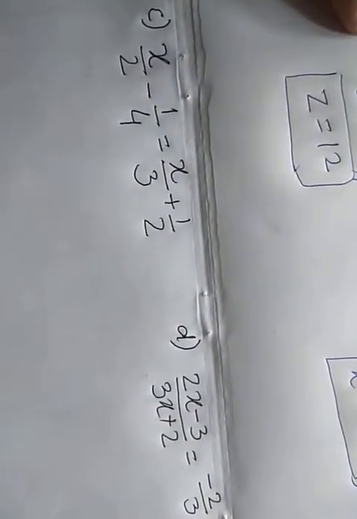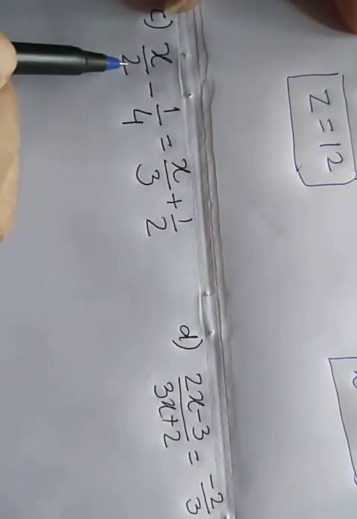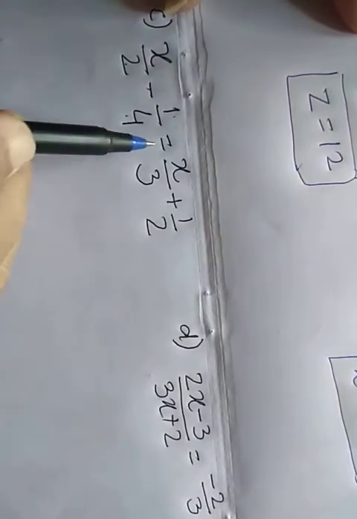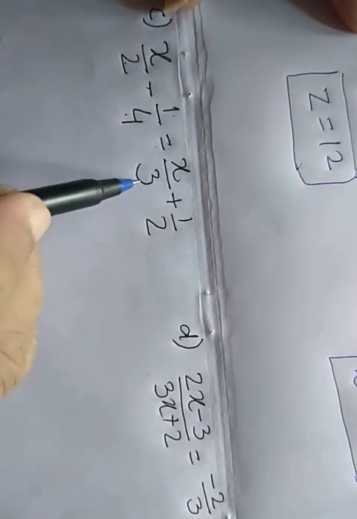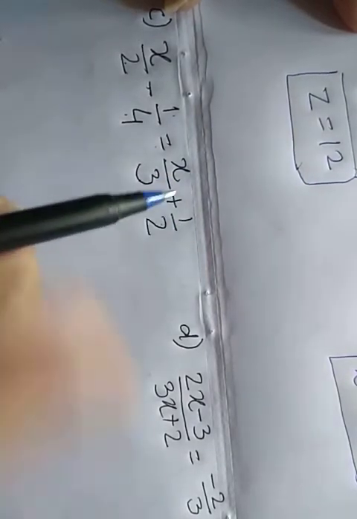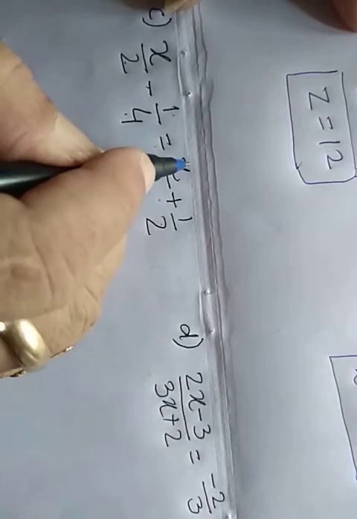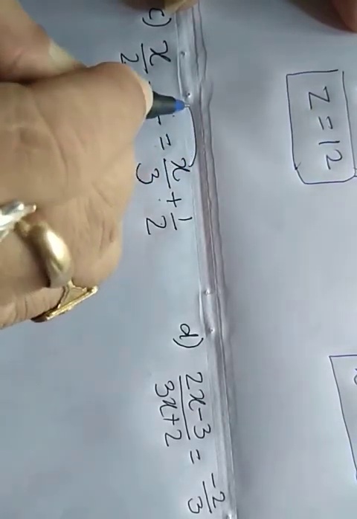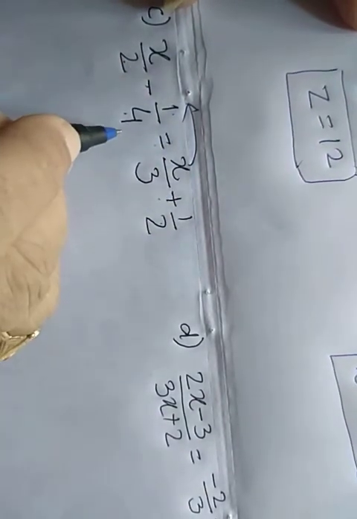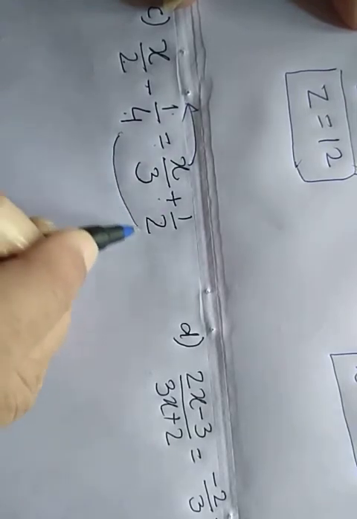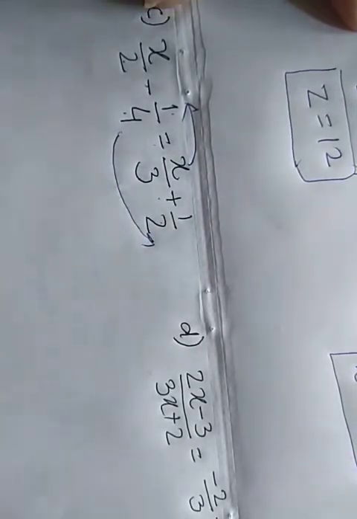So let us take another example. x by 2 minus 1 by 4 is equal to x by 3 plus 1 by 4. What I do, I take this x by 3 to this side and transfer this 1 by 4 to this side. Then what happens?